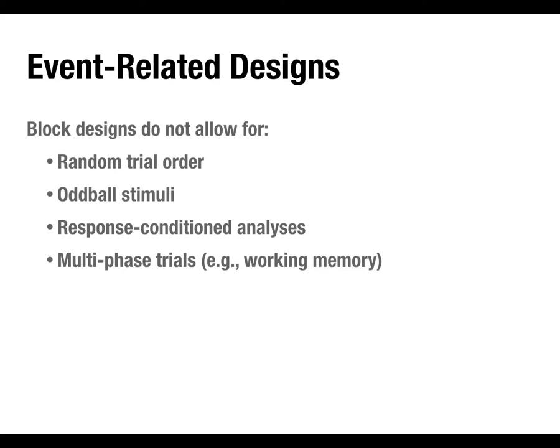But the problem is that block designs don't allow us to do things like randomize the order of trials between different conditions. We can't do an oddball, like remember with ERPs, P300 experiments where you have beep, beep, beep, boop, and you see an effect of that deviant stimulus. If you're doing a block design, it's not really an oddball, because the first stimulus of the second block could be an oddball because it's different from the previous block, but it's not an oddball after you present 2 or 3 of them.